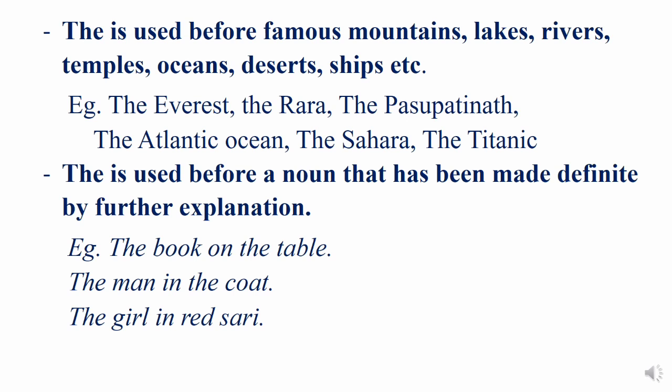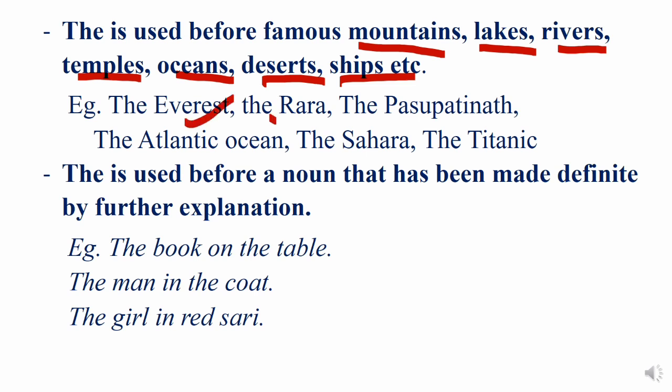Next rule here says the is used before famous mountains, lakes, rivers, temples, oceans, deserts, ships, etc. The Everest, famous mountain; the Rara, famous lake in Nepal; the Pasupatinath, the famous temple in Nepal; the Atlantic Ocean, famous ocean in the world; the Sahara, famous desert in the world; the Titanic, the famous ship.